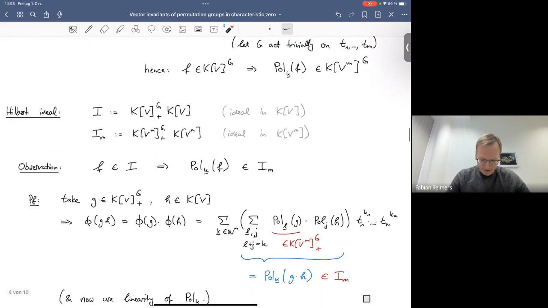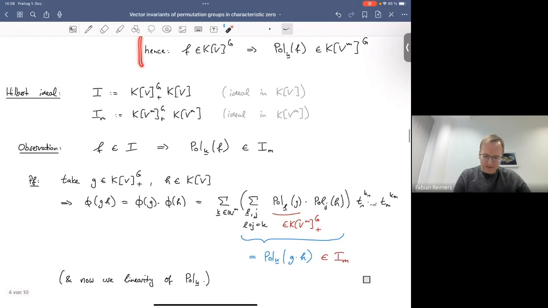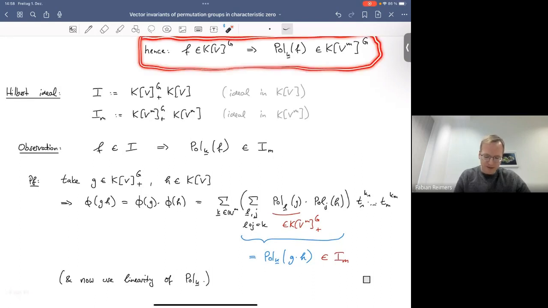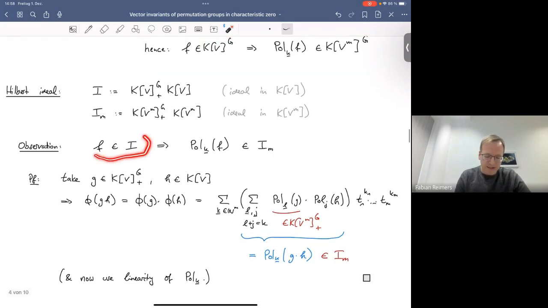So another observation about polarization, maybe not so frequently used, is that if we take something from the Hilbert ideal and look at its polarization with always a fixed multi-index K, then this will be in the Hilbert ideal here. So why is this the case? Short observation, short proof.